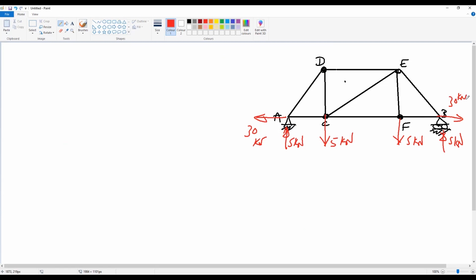At the end of the example, we need to put all the forces we have found on the members. Member CE is a zero force member, so I put 0. Member DE is a negative or compression member, so I put 5 kilonewton. What do these two arrows mean? If you see the arrows going into the joint, does this mean tension or compression?